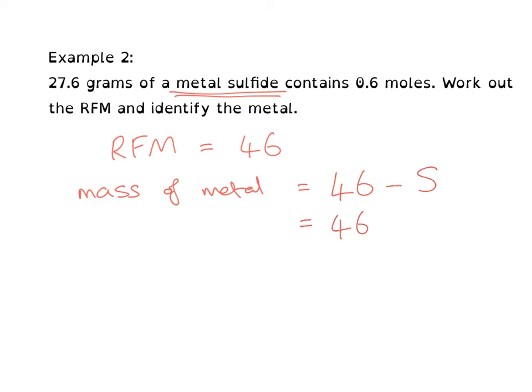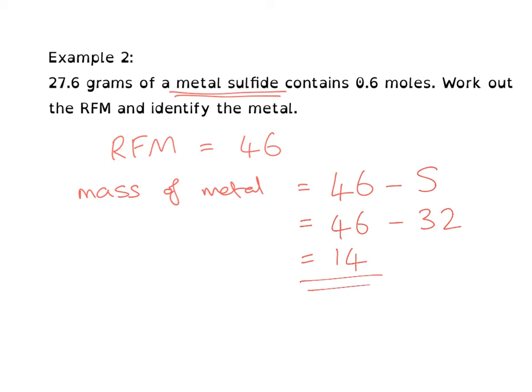So I go on the periodic table, sulfur weighs 32, so 46 take away 32 is going to be, don't work it out in your head, 14. It's okay to work these out in your head, by the way, but if you use a calculator, it really is going to eliminate silly errors. It's very easy to just add 10 on or take 10 away or whatever. So the mass of the metal is 14.